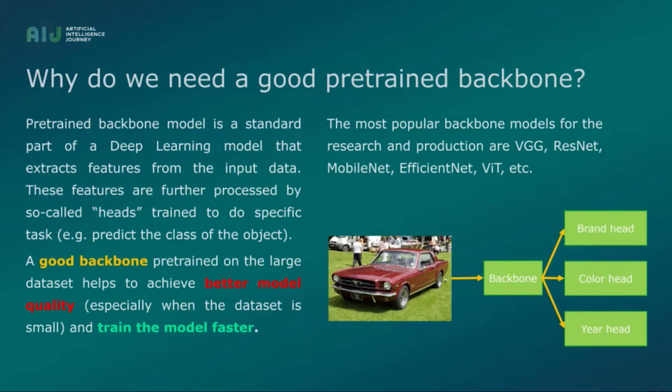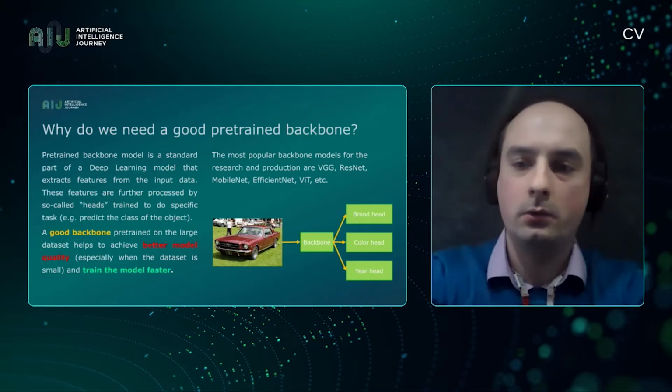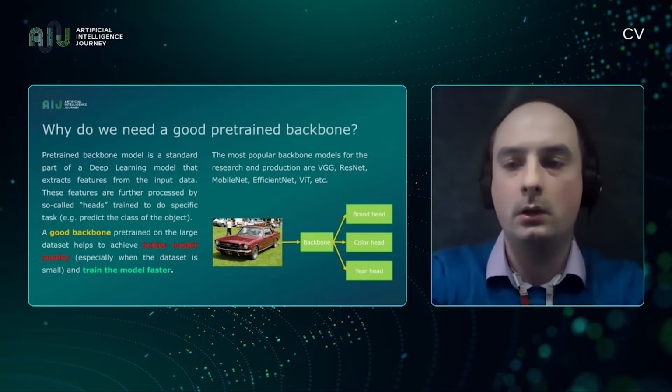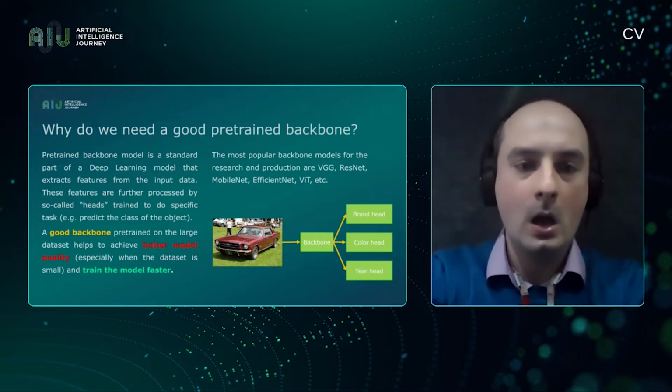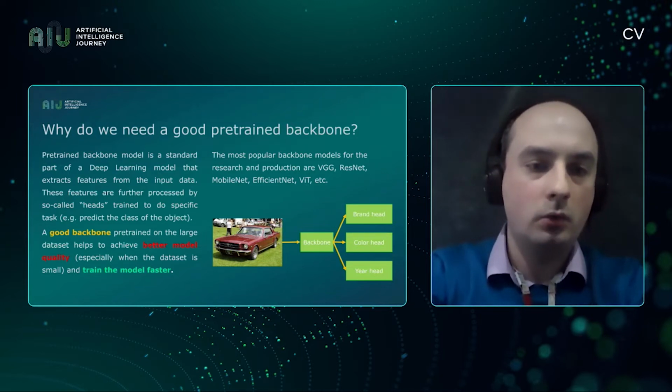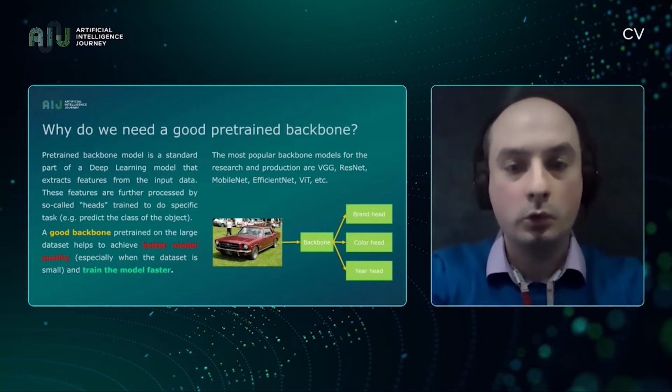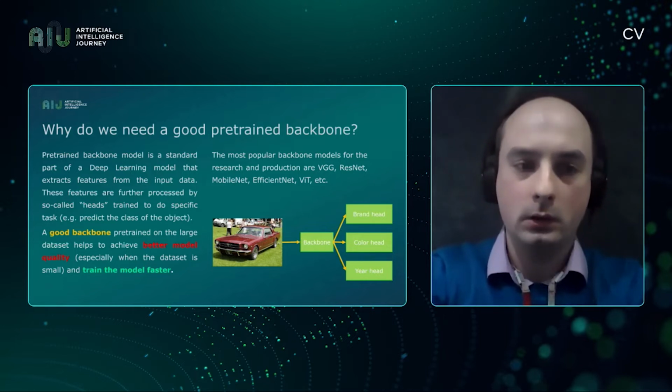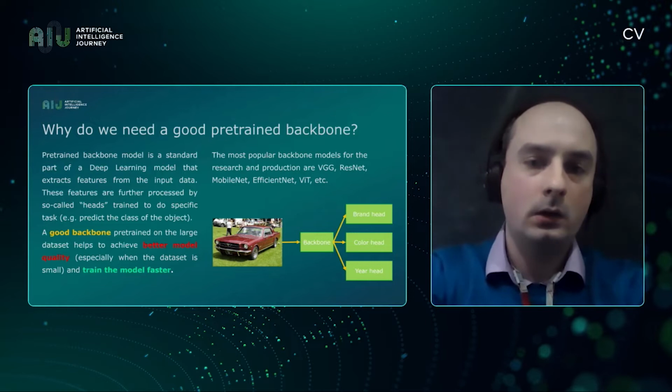The backbone takes features from the input image of a car, and the heads would identify brand, color, year of manufacturing.